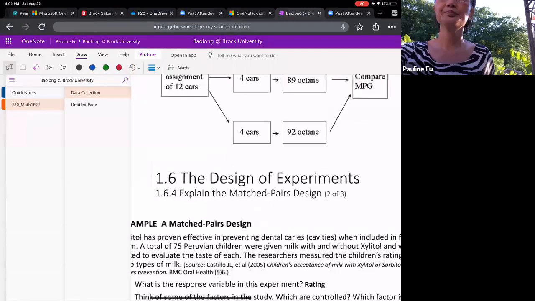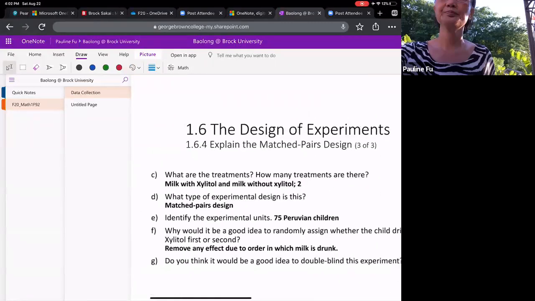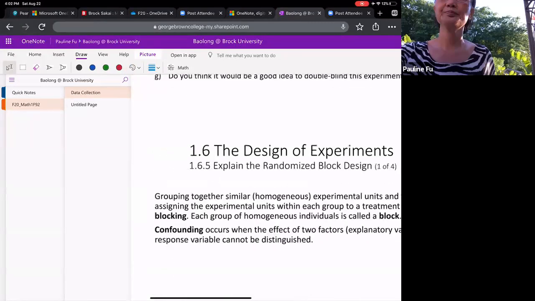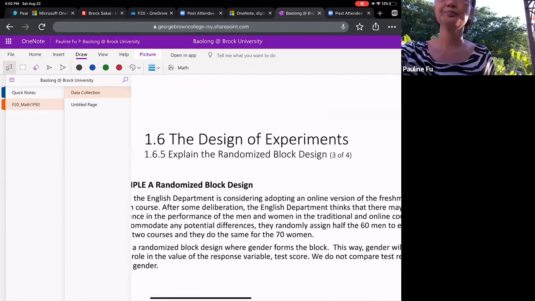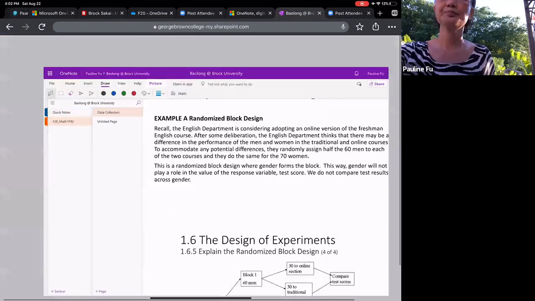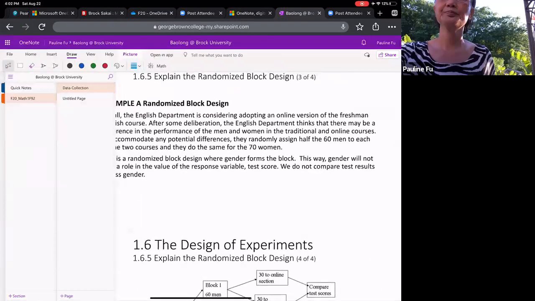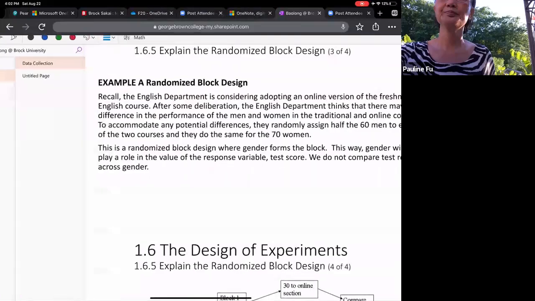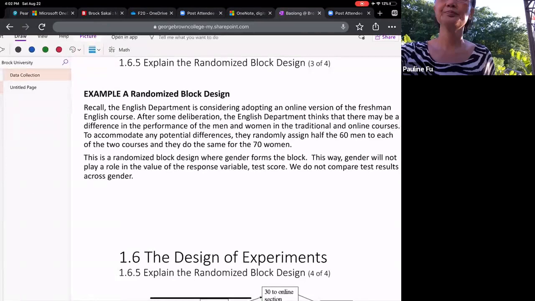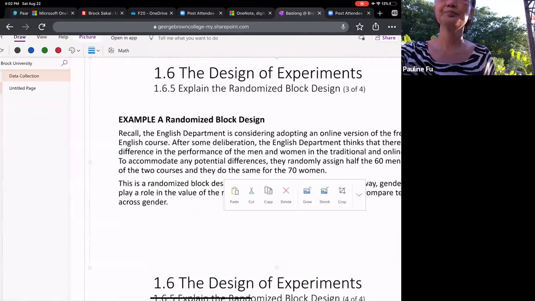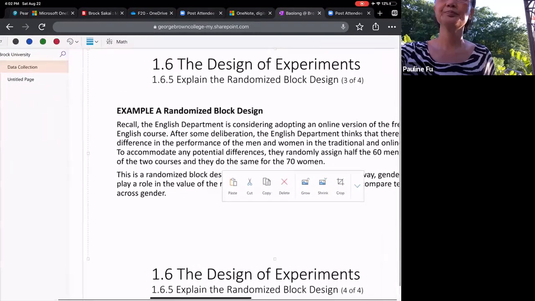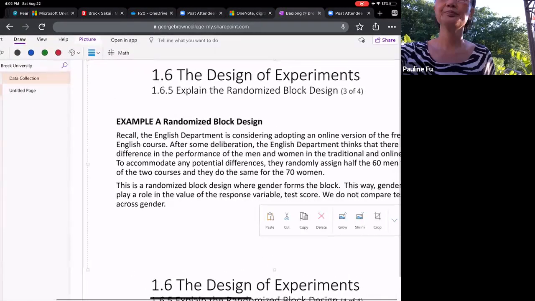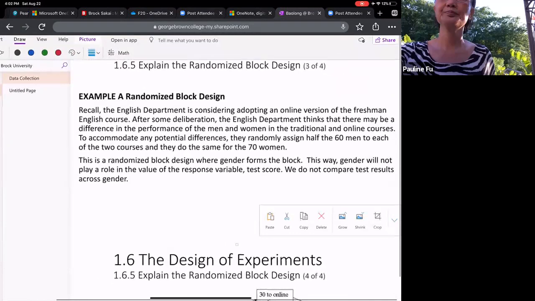The other method is the randomized block design. So again, let's look at an example. We are going to take the same example as we did before.